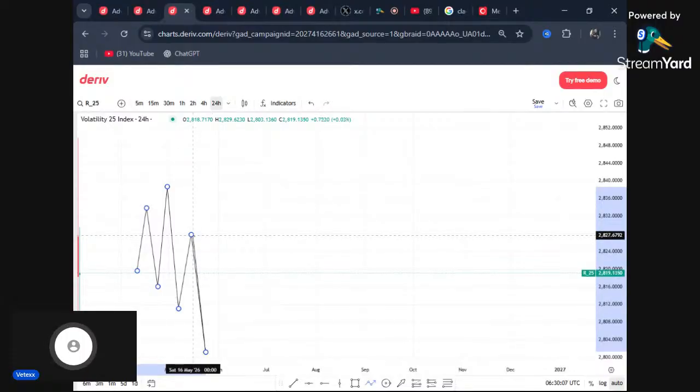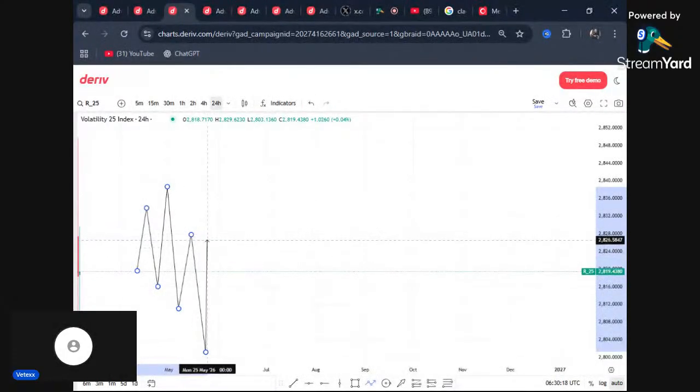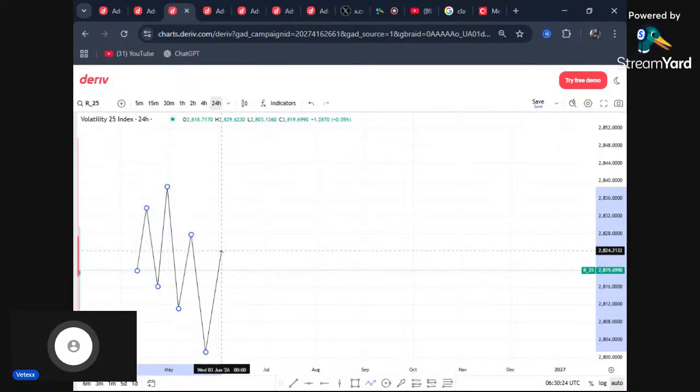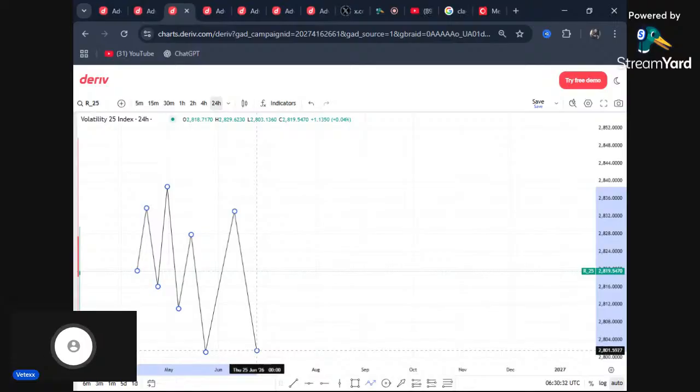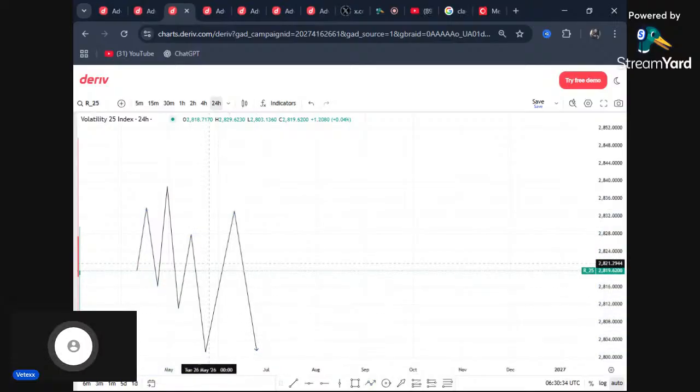Once price takes out the liquidity, the market is able to move. As price takes out this liquidity, price will continue to move in the opposite direction. So we'll tap into the point of interest around here, and then price will continue to sell in the opposite direction. This is basically what we do.